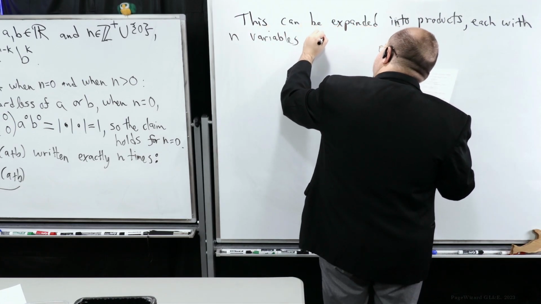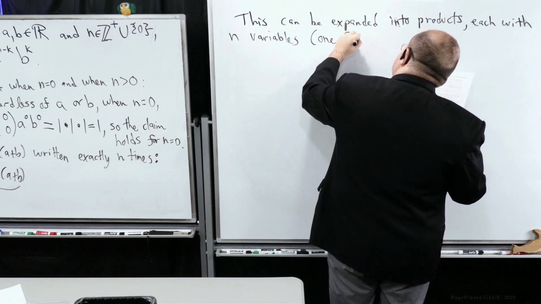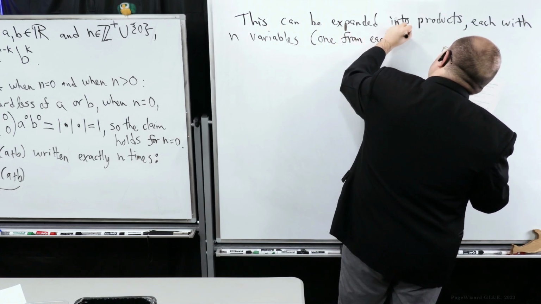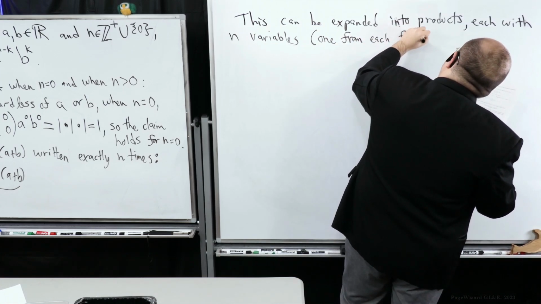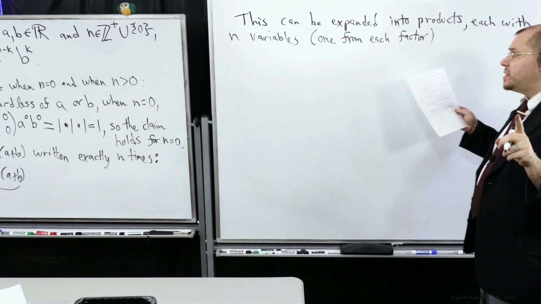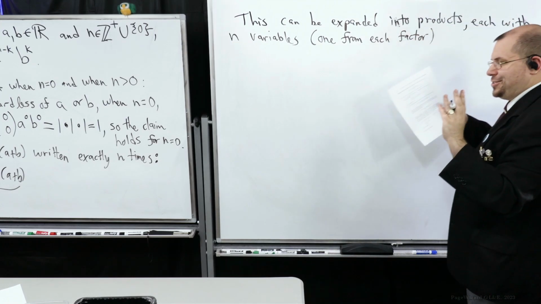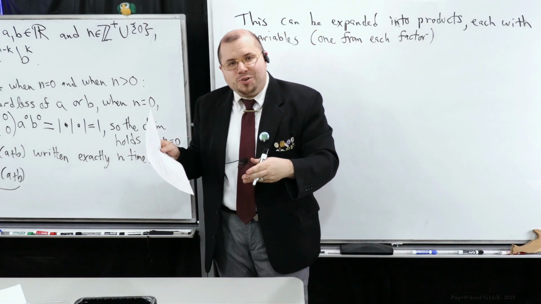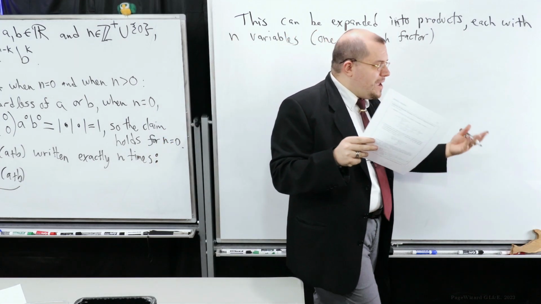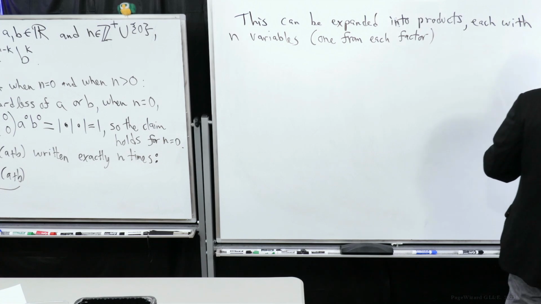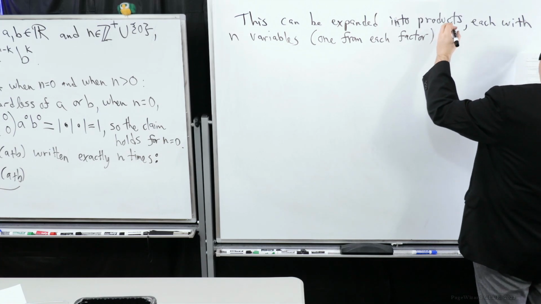So to be clear, this is 1 from each factor. So 1 from each one of the factors. So remember how we determined each one of the resulting products? Had 1 from a or b. We grab 1 from each factor.